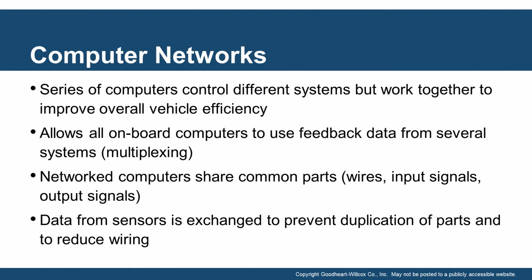So this allows all the onboard computers to use the feedback data from several systems so that they can share that input. And then the network computers share common parts. They have two wires in most cases. They're able to share the input signals and therefore then determine output signals. And this reduces the wire. The data from the sensors is exchanged to prevent duplication of parts and to really reduce that wiring, which makes it easier for us as technicians to diagnose problems.